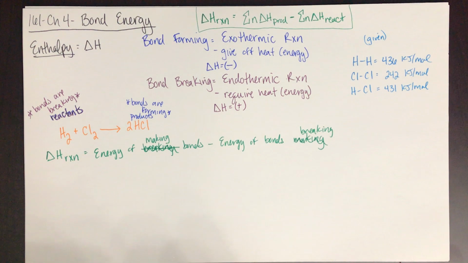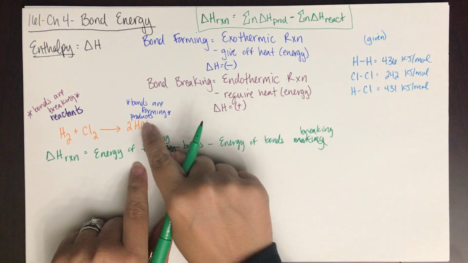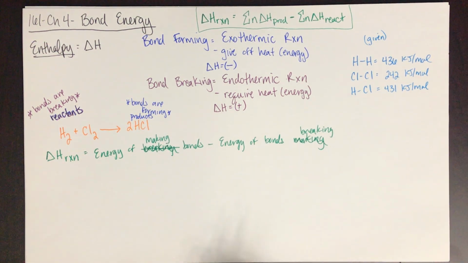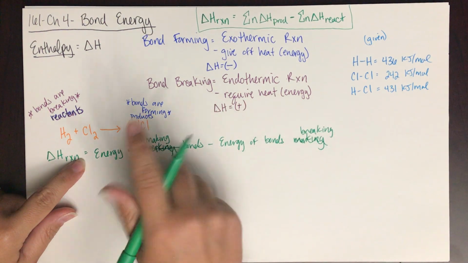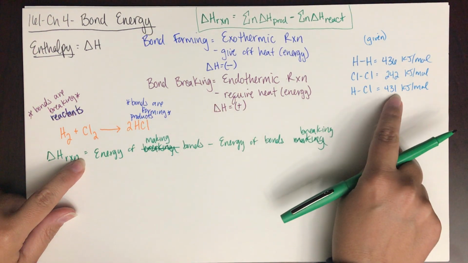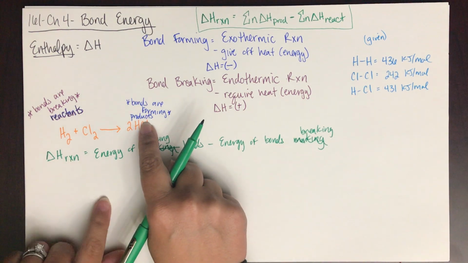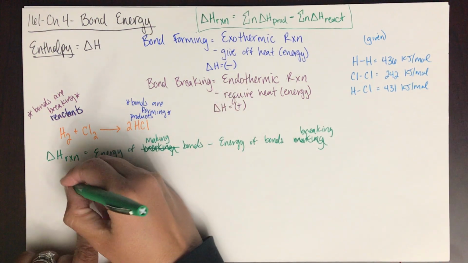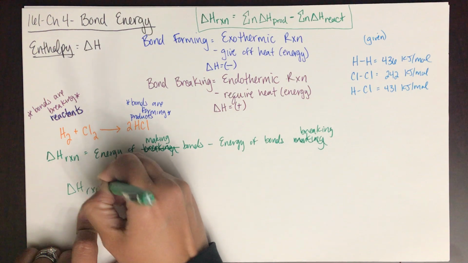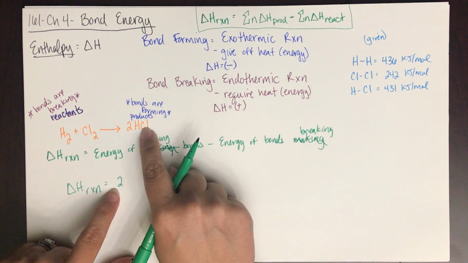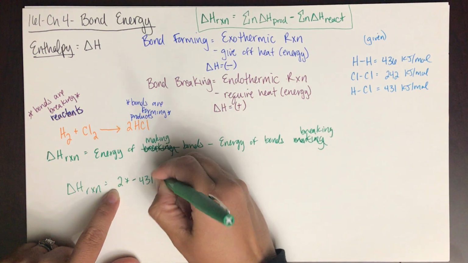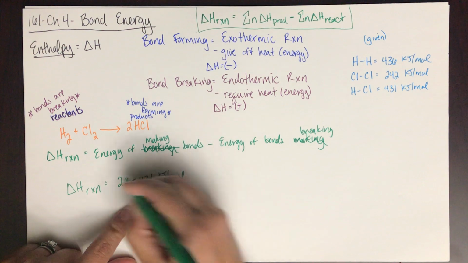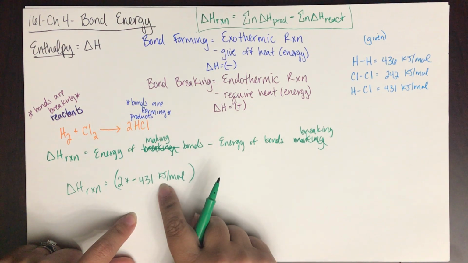Okay, so delta H of the reaction, the energy of the bonds that you're making. So here I have 2 times, because I have 2 moles of it, I have 2 of these HCl bonds that are being made. And remember, bonds that are forming are negative. So I'm going to say delta H of the reaction equals 2 times negative 431 kilojoules per mole. So these are the bonds that are forming.